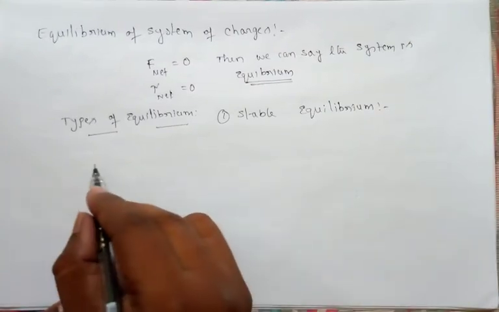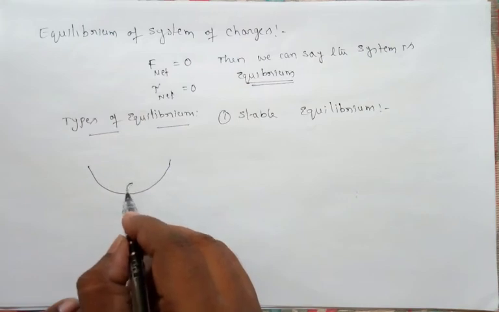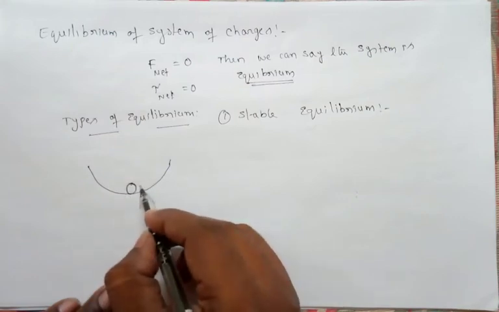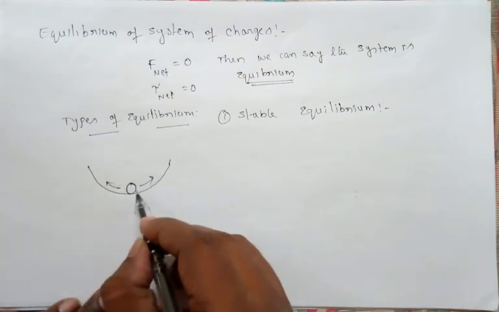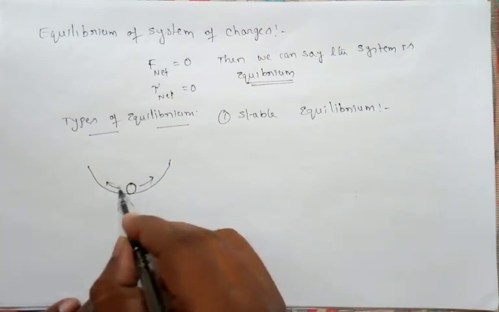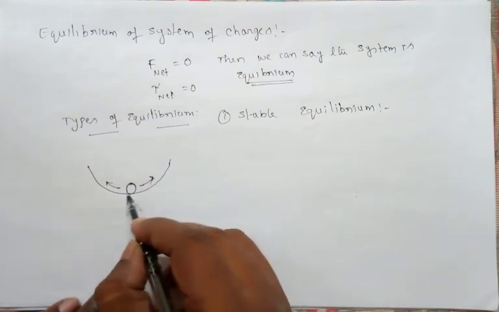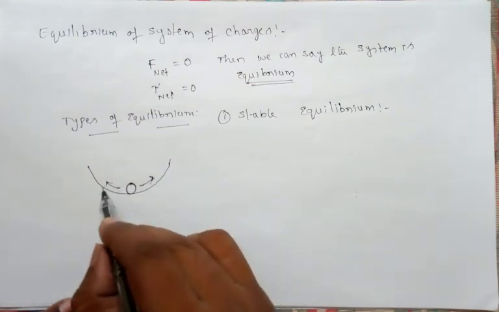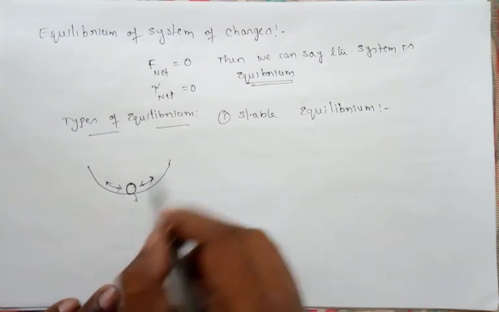For example, in mechanics, if you take a bowl and one marble, and you displace the marble to either side, what will happen? The marble will come back to the same position. Then we can say this is in what?